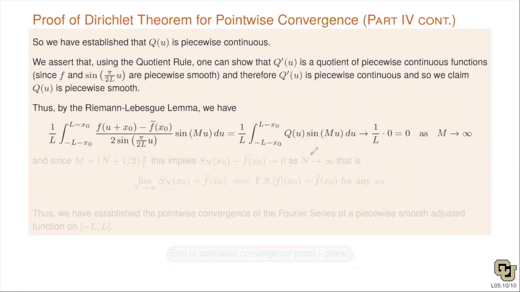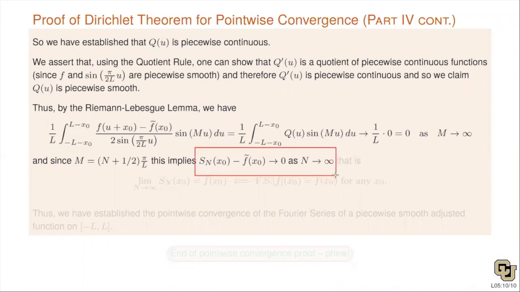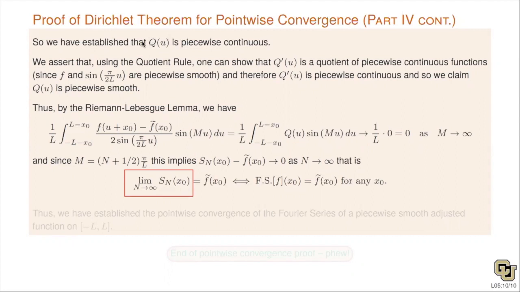By the Riemann-Lebesgue lemma, that limit goes to 0. So we've basically shown that this difference goes to 0 as n goes to infinity, which we can write in limit form like this. And remember, the partial sum here is the Fourier series, so I just replaced it.